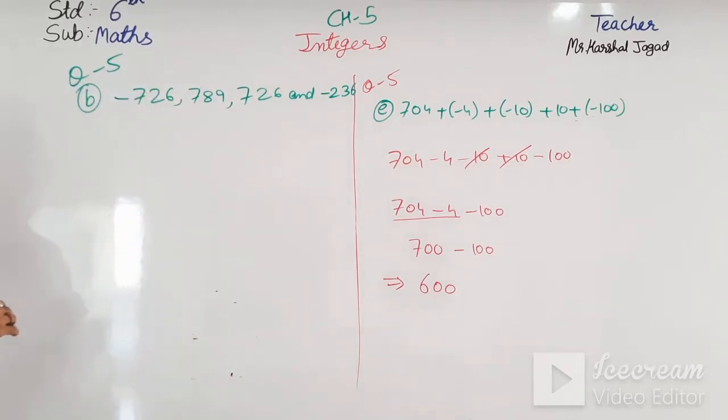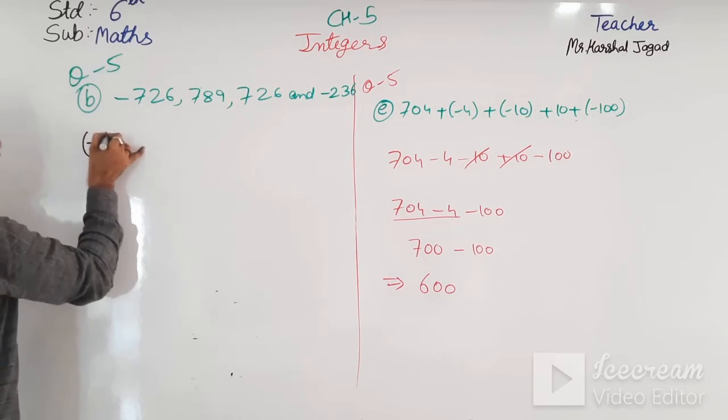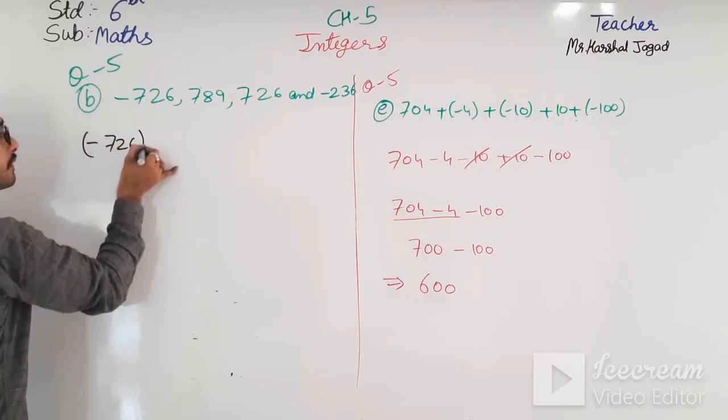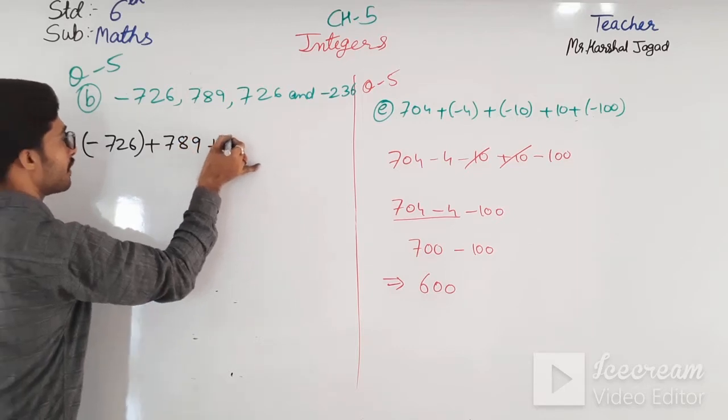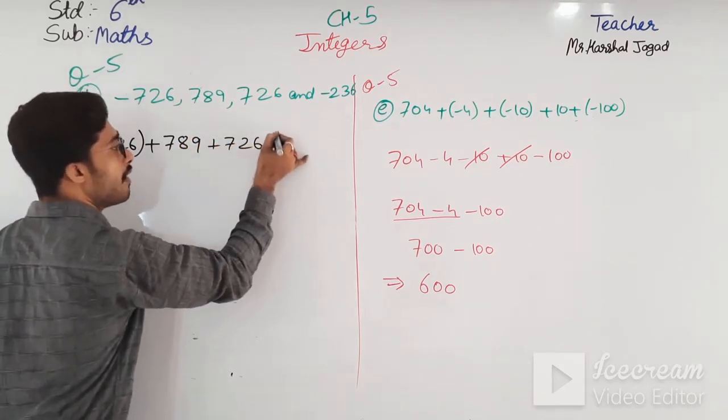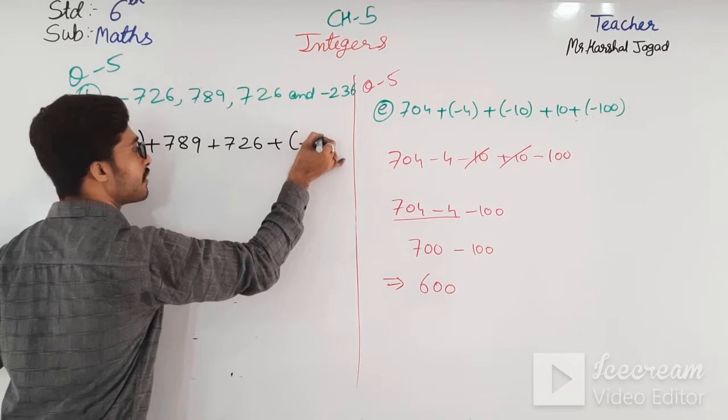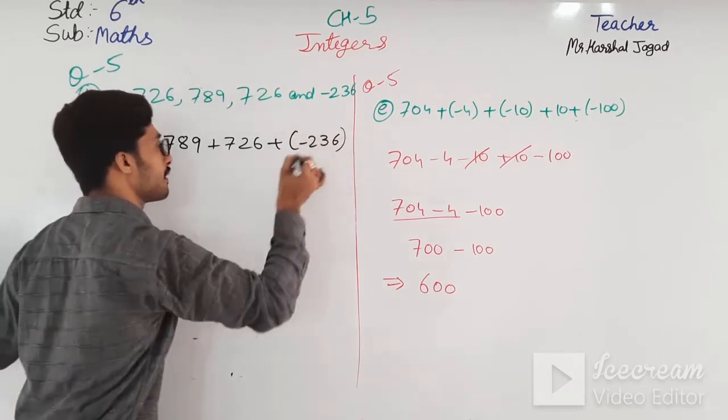So we have to add this. So first of all, just writing this: minus 726 plus 789 plus 726 plus minus 236.